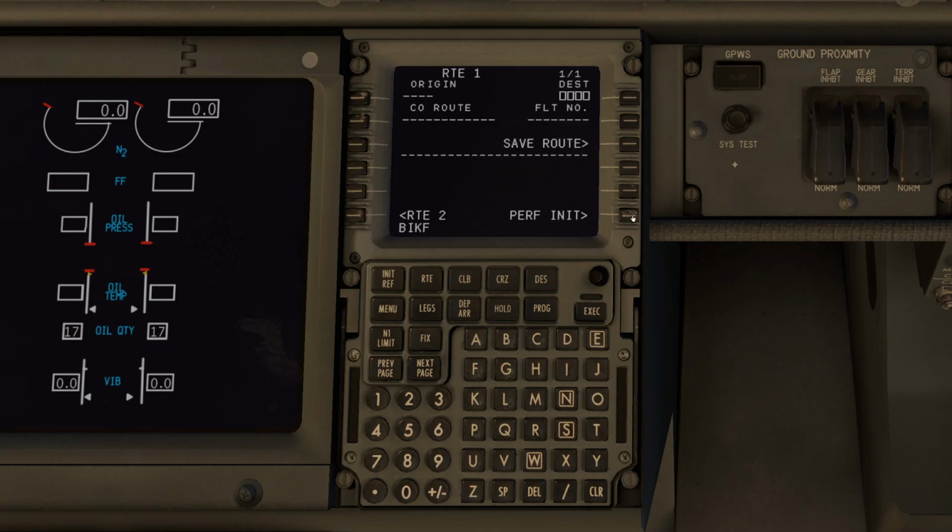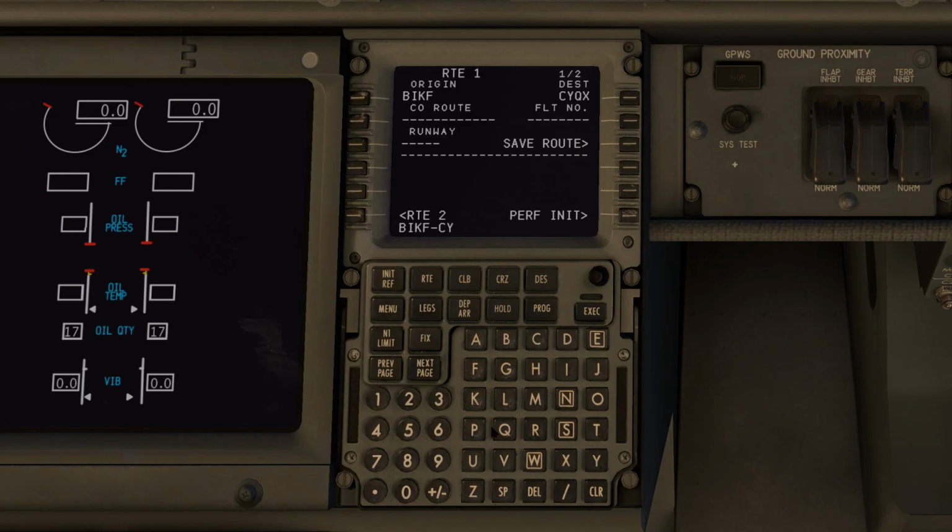On the route page now, we identify the origin Keflavik, destination Gander, so Charlie Yankee Quebec X-ray. And we select a company route, which is simply the two ICAO codes separated by a hyphen.